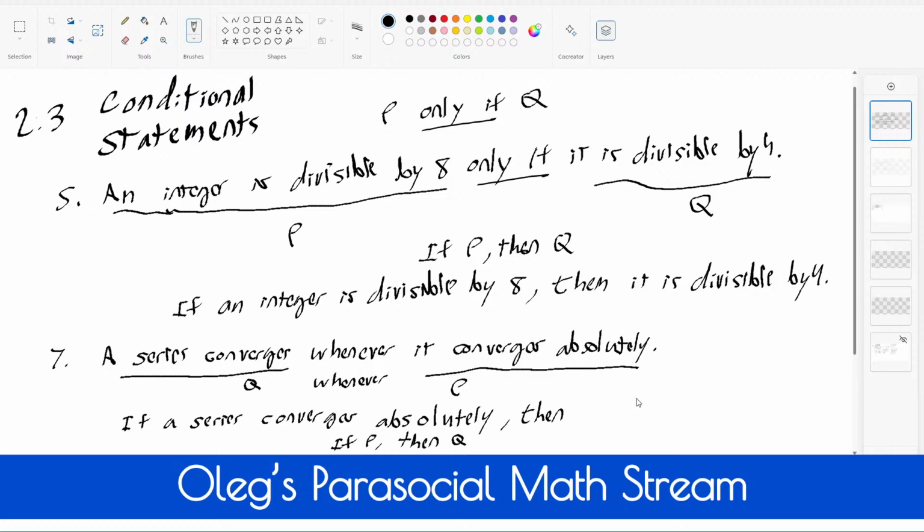If it can absolutely converge, then it does converge. If a series converges absolutely, then it converges. Okay, let's check that. Number 7: if a series converges absolutely, then it converges. Word for word. All right, that's good.